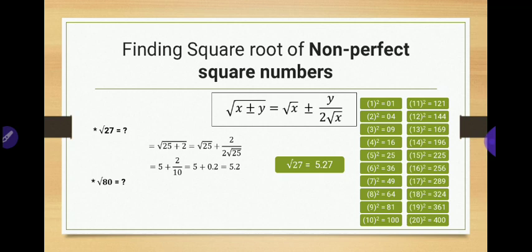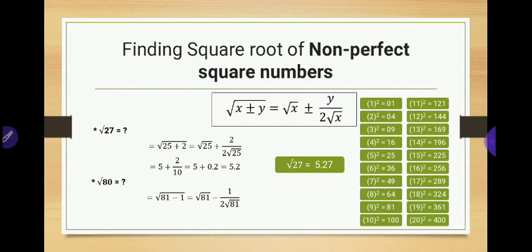Next, find the square root of 80. Now 80 has the nearest perfect square value as 81. Therefore square root of 81 minus 1 will be square root of 80. So x in that case is 81, y is 1, but the sign here will be negative, a minus sign.